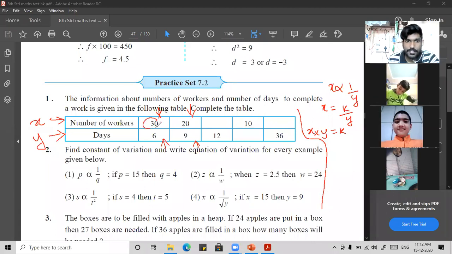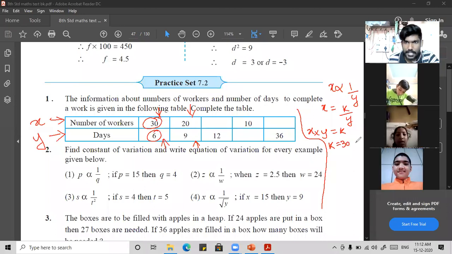You see first, X is 30 and Y is 6. So to find out the value of K, substitute the values of X and Y. So this will be 30 multiplied by 6. So 30 multiplied by 6 is 180. So the value of K is 180.